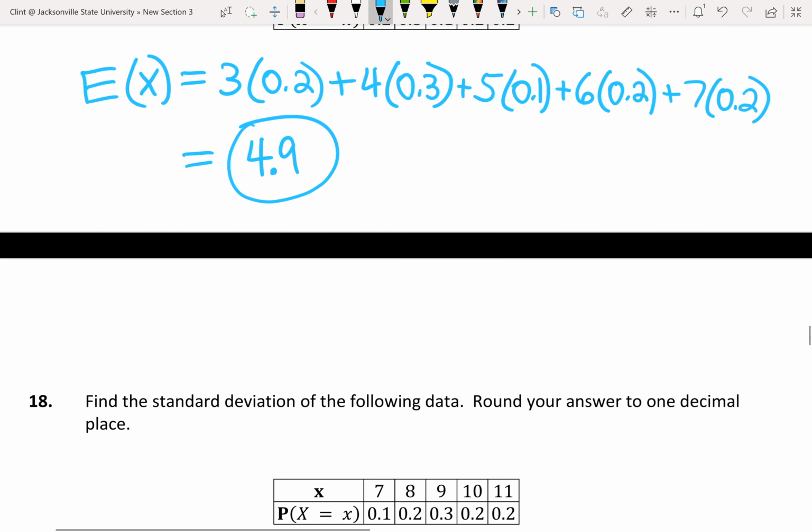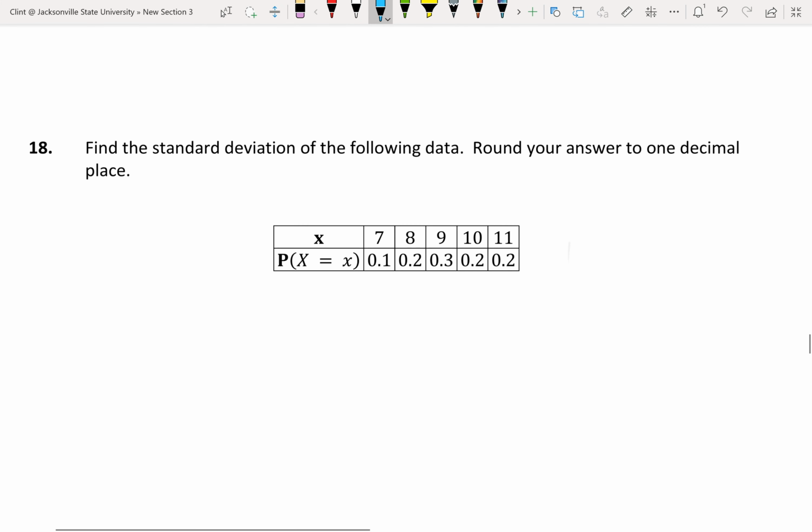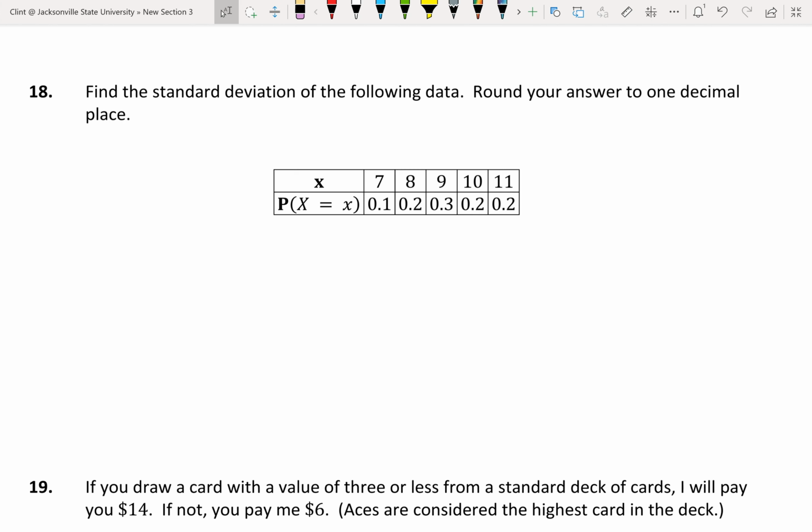Number 18. This is the messiest one. Just find the standard deviation. And for a probability distribution, it's not the same formula from chapter 3. Okay, this one says we want the sum of each outcome squared times its probability.